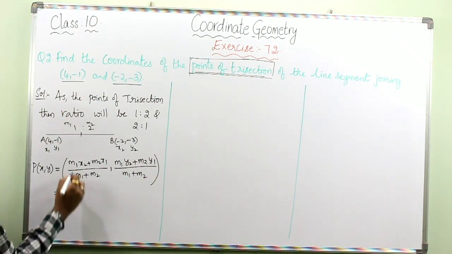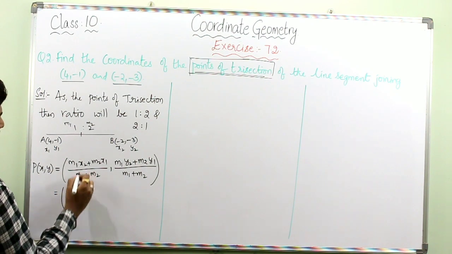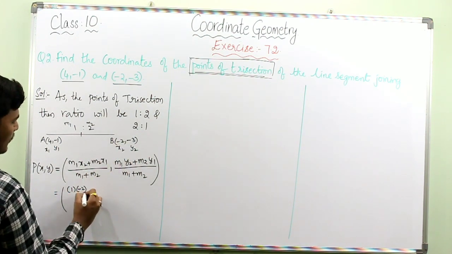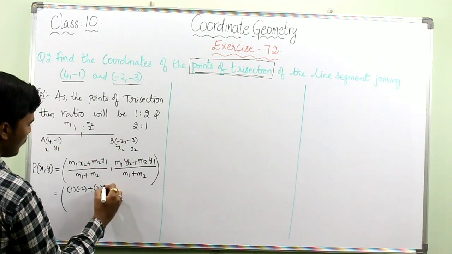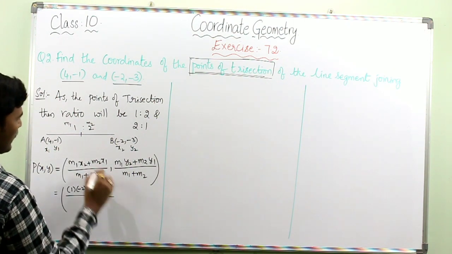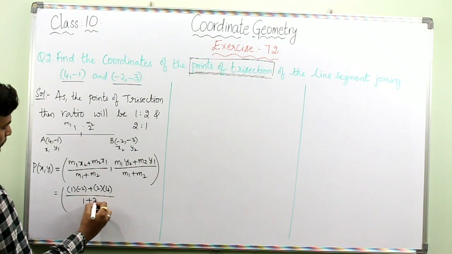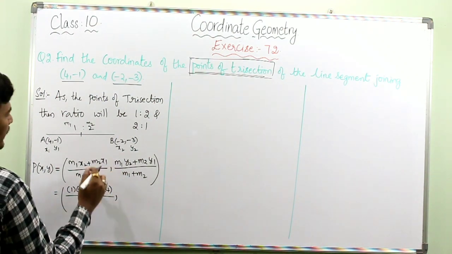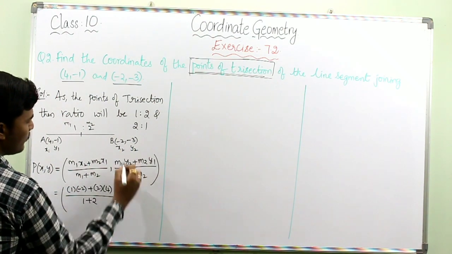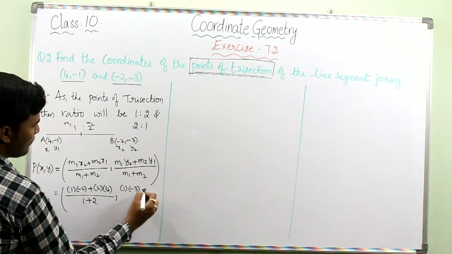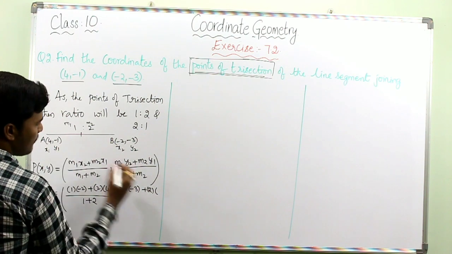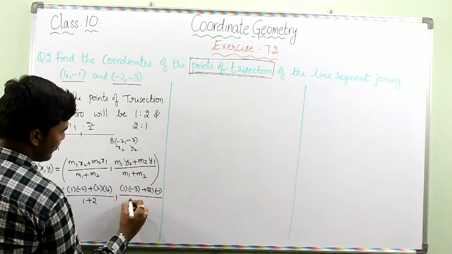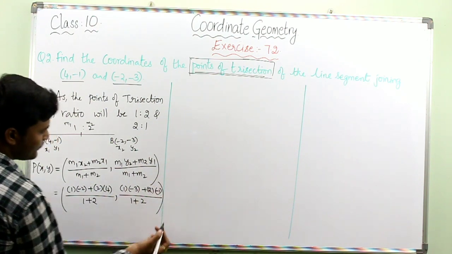Now m1 here is 1 and x2 here is -2, plus m2 is 2 and x1 is 4, by m1 plus m2, which is 1 plus 2; m1 is 1 and y2 is -3, plus m2 is 2 and y1 is -1, by 1 plus 2.